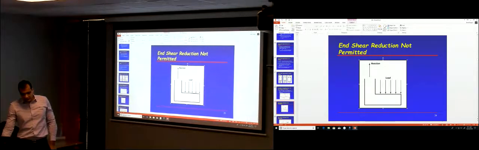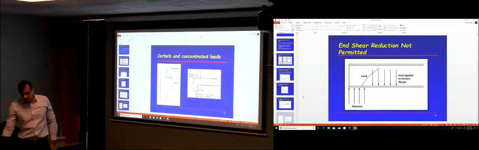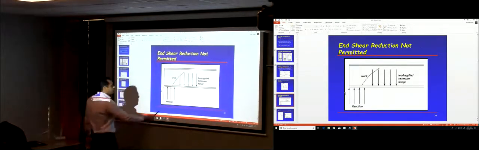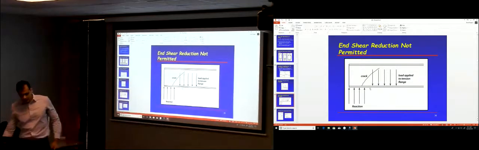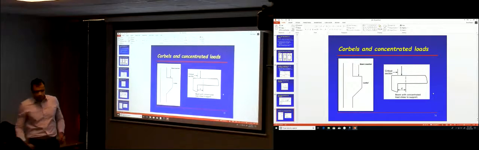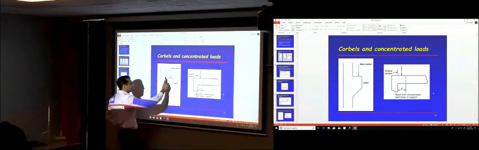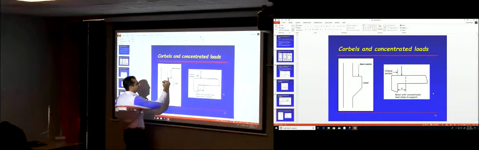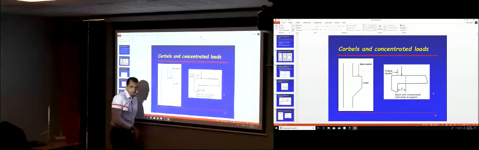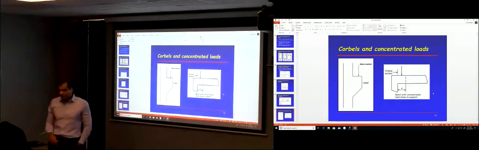So this case where the load is on the lower flange, and the last case here, okay, when you have a corbel. For a corbel, even if the depth of this corbel is d, and this width is less than d, you have to design it for shear here, for the shear at the face of the corbel.